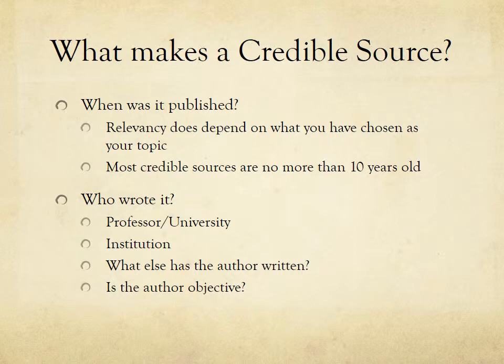This is because if someone works for a for-profit organization, they may begin to have a bias. If we find that an author has not written anything else within the field that they are talking about for this topic, then they may not be as credible as someone who has written many other things and has been highly regarded for that.